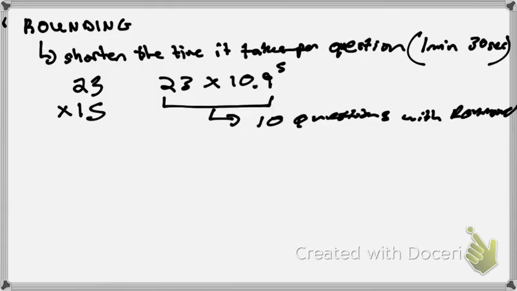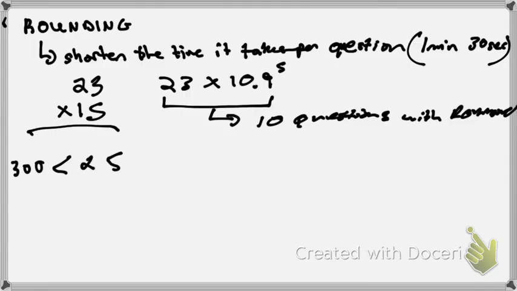The way I would approach this multiplication is to look at it from two perspectives, okay? So we know that 23 times 15 is going to be in between 20 times 15, which is easy, right? 15 times 2 is 30. Just add a 0 to that, 300.